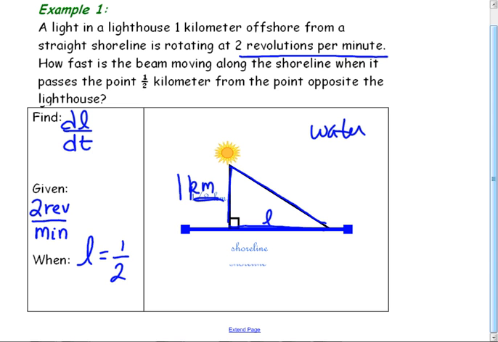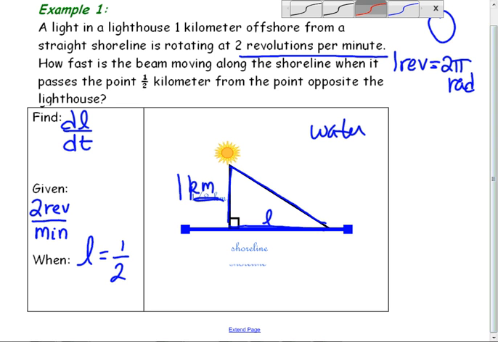2 revolutions per minute. Well, what's 1 revolution equal to in terms of radians? The whole circle. How many radians in a circle? 2 pi radians. Okay, so I'm going to multiply by this unit multiplier, 2 pi radians divided by 1 revolution, because since these are equal, that fraction is equal to 1.